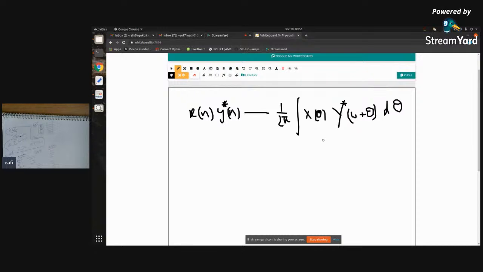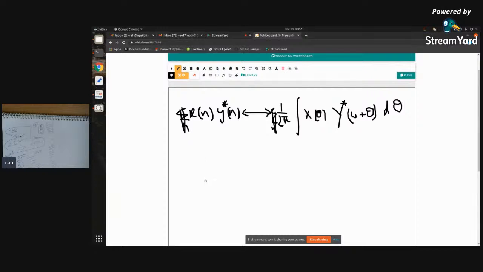So here when you take the Fourier transform of the summation over n, because of the linearity property, here also you will get summation over n. Here we didn't write it.